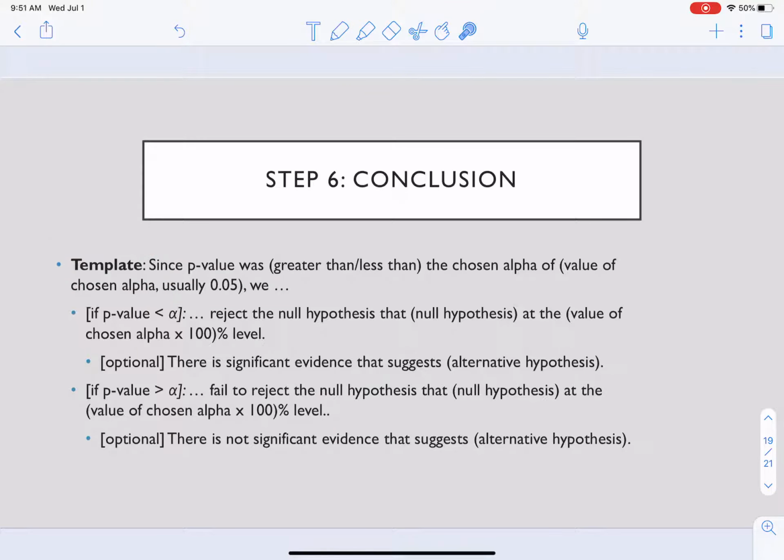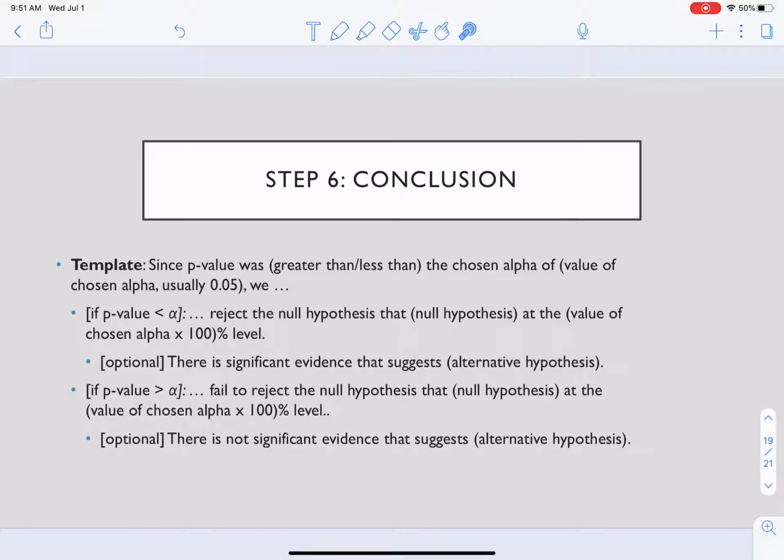So in this case, you can copy and paste this all you want. I don't care. Since the p-value was, and then you choose greater than or less than, the chosen alpha of, and then whatever the alpha value was, usually 0.05, okay? So if the p-value is less than alpha, then we say that we reject the null hypothesis that, in this case, brown thrashers make up 38%.